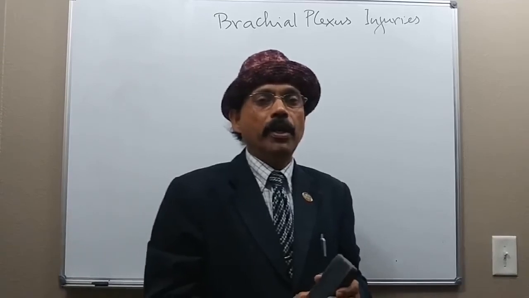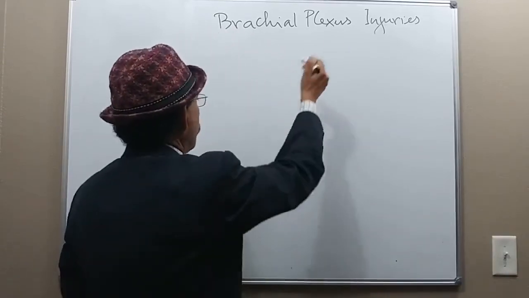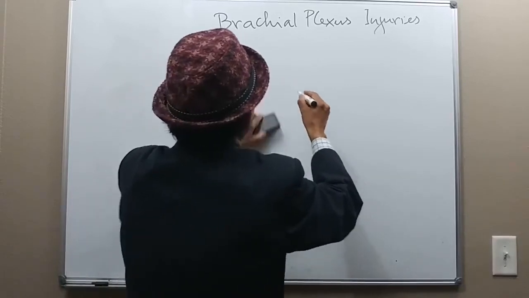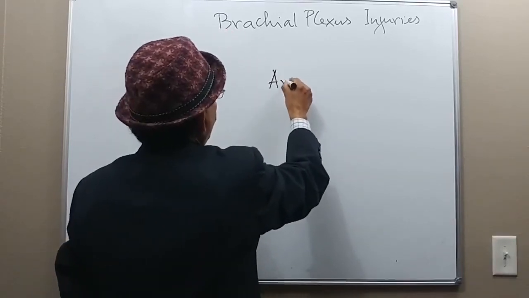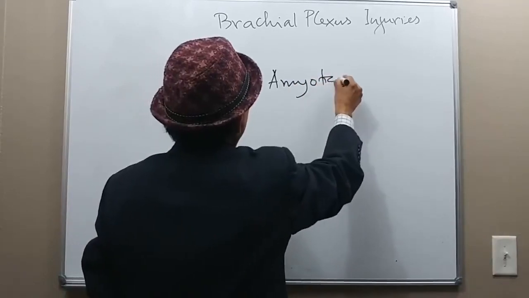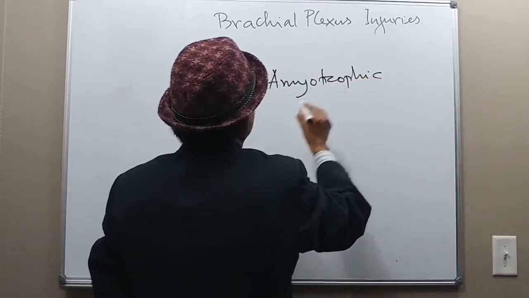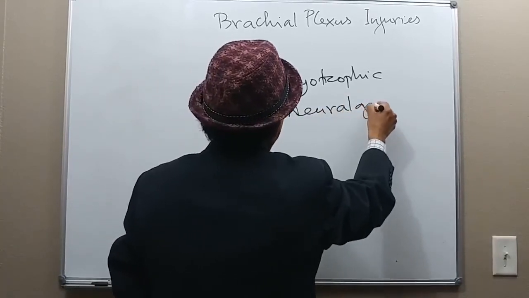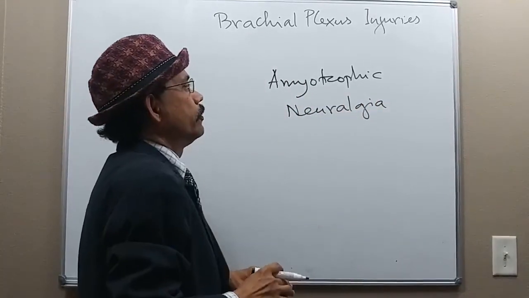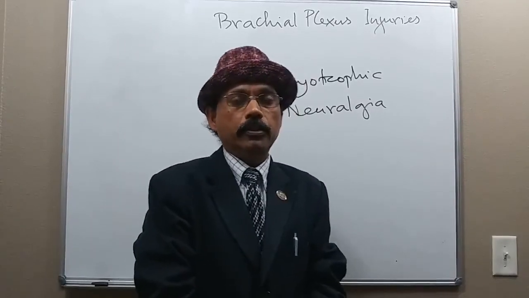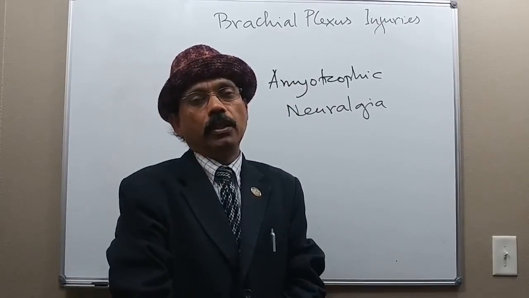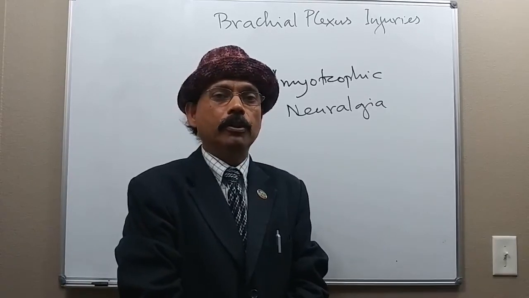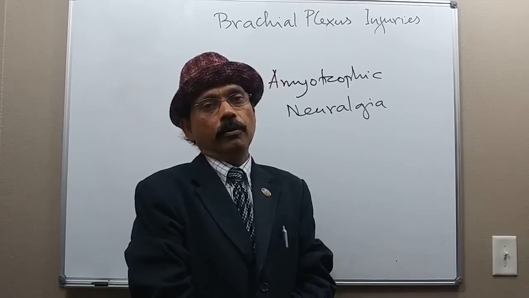Brachial plexus injury may happen as a part of neuralgic amyotrophy, we call it neuralgic amyotrophy. So this is a condition. It may be genetic. So some nerves may not function properly and it may be a painful condition. It may last long.